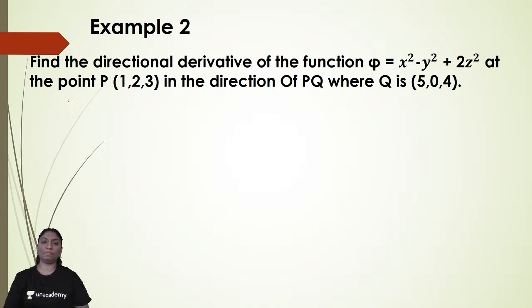So Q is given, P is given. Directly vector a bar is not given. So what's our first job? We'll calculate the vector a bar and then calculate del phi at point P and then take the dot product with a cap.